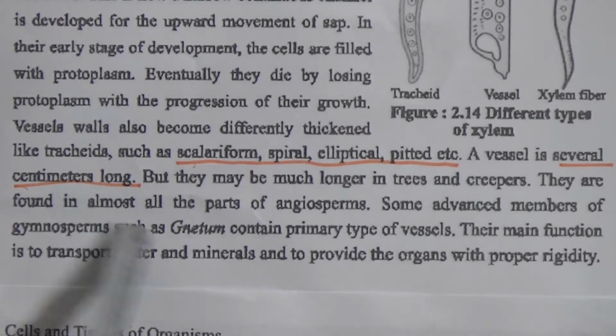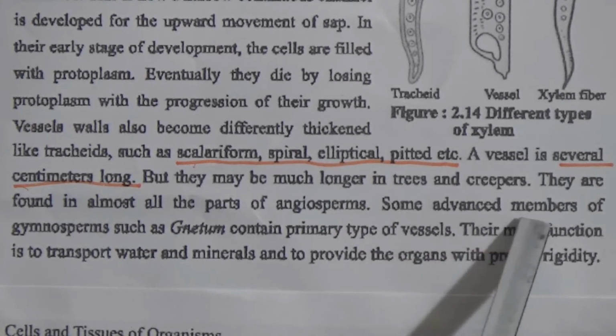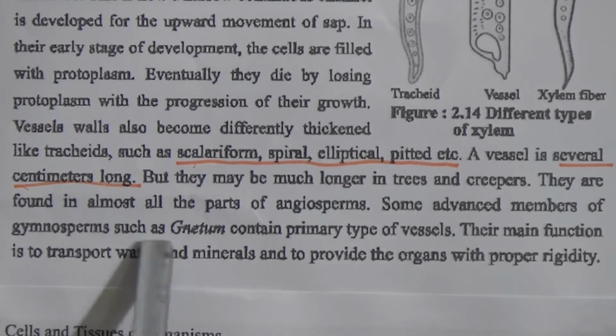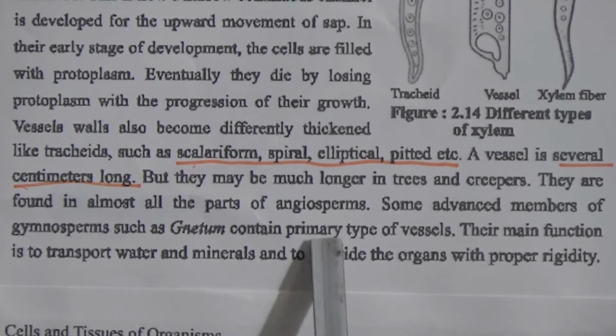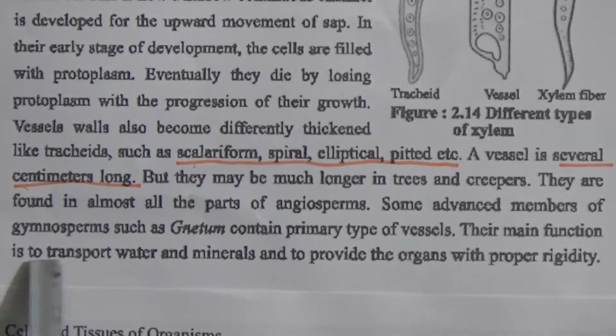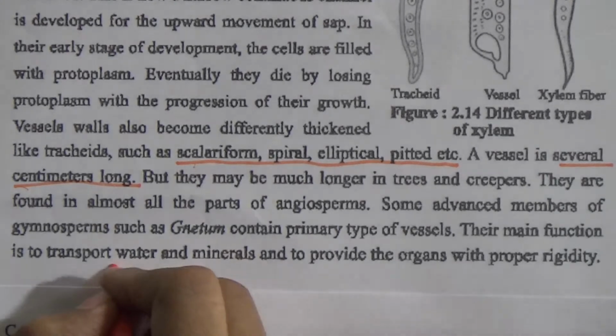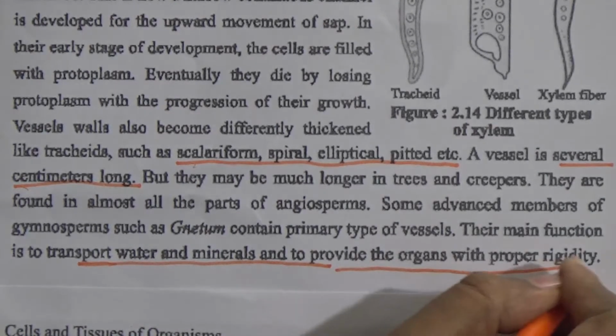They are found in almost all parts of the angiosperm. Some advanced members of gymnosperm contain primary types of vessel. Their main function is to transport water and minerals and to provide the organs proper rigidity.